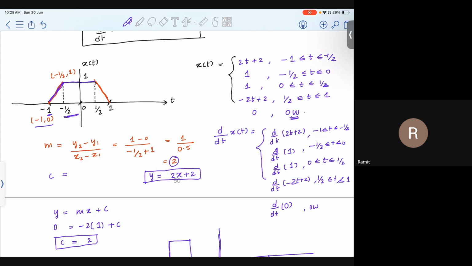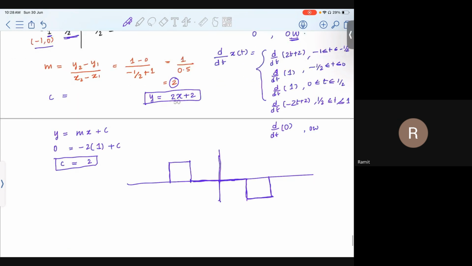I think it is 2t minus 2. No, I think minus 2. Sorry, correct, this is minus 2. So with minus 2, 2, and t, this is half, this is 1, 0, minus half, minus 1, this is d by dt of x of t.